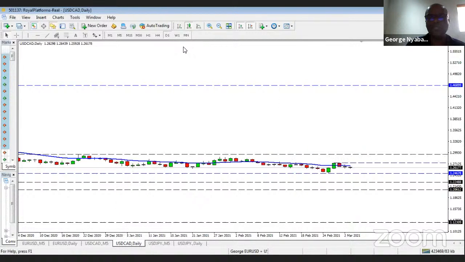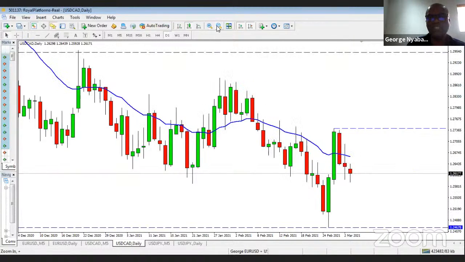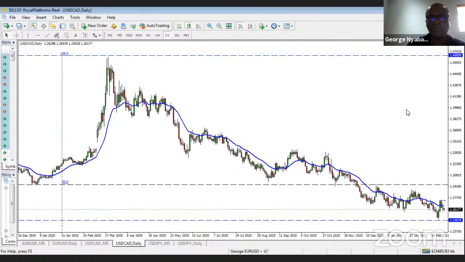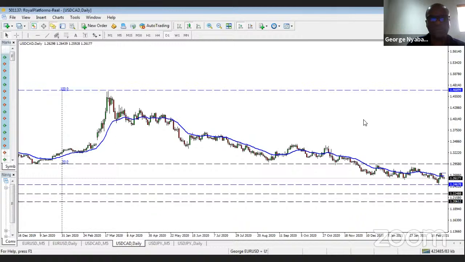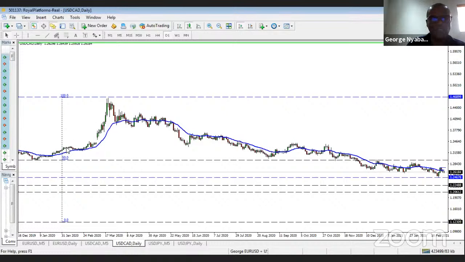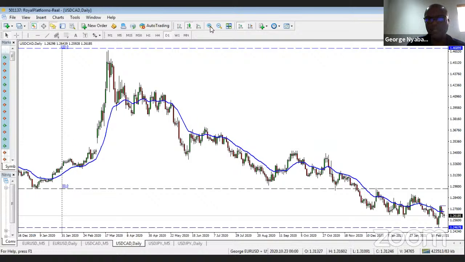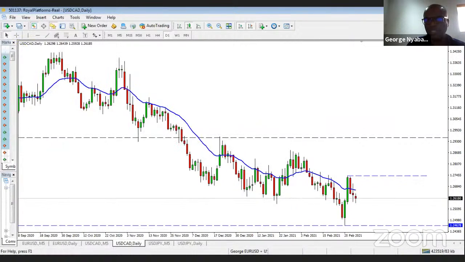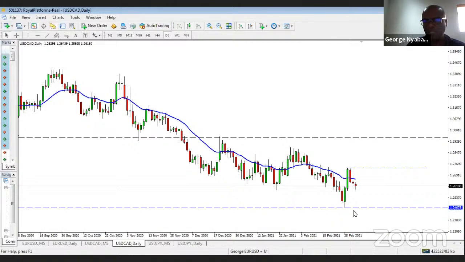Then you come down to the daily time frame. That level there, which I've marked. The most immediate levels for me are this low here last week, and then this high here.